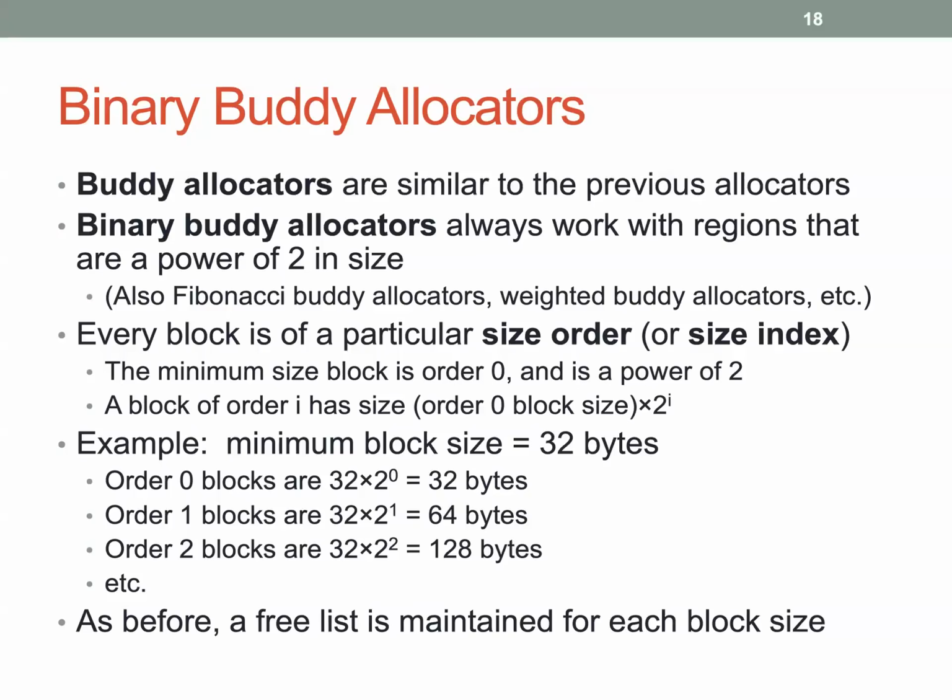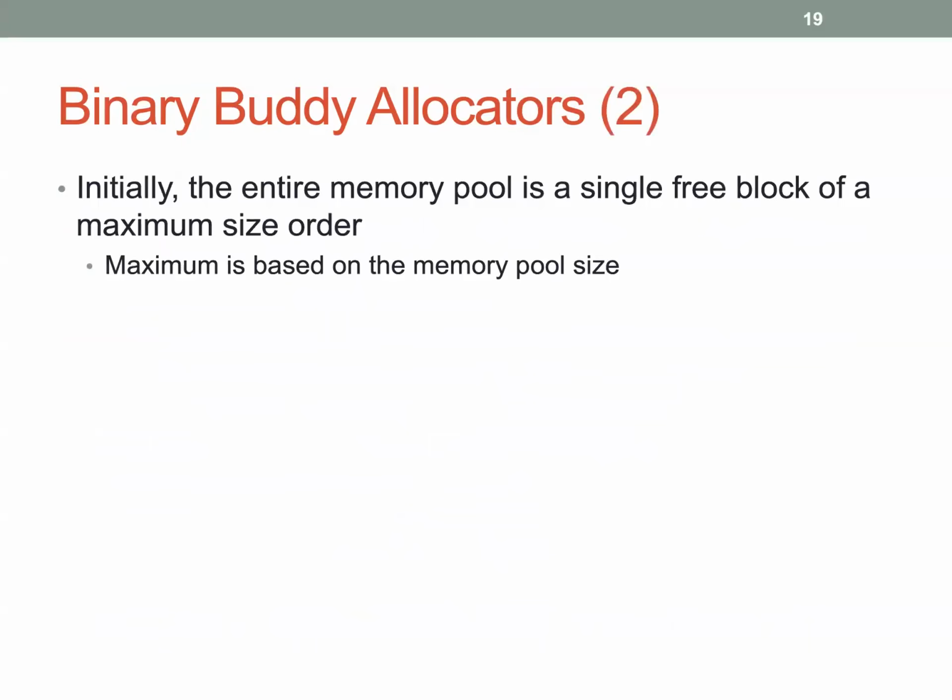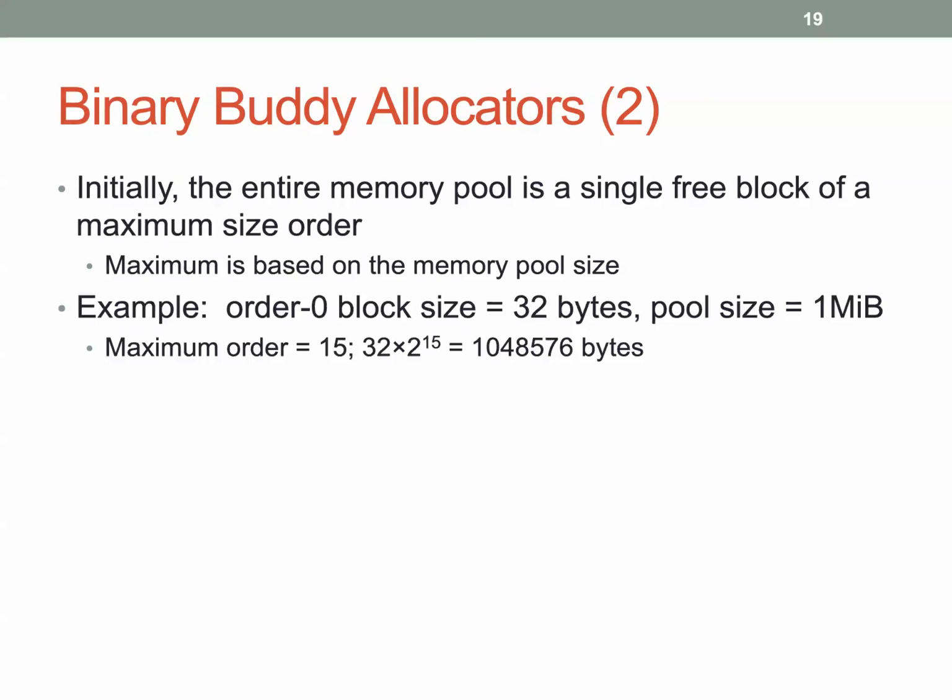But there are also a few additional constraints that make coalescing super fast. Okay, so the initial state of the pool is that it is one large free block. Now we're assuming that it's a power of 2 in size. And if it weren't a power of 2, you can definitely construct some set of blocks that will maximally fill that overall pool size. But let's just keep it simple and assume that the overall pool size is a power of 2 as well. Just simplifies the math.